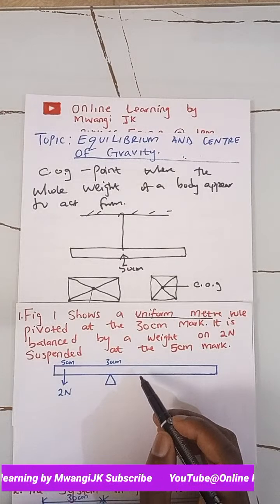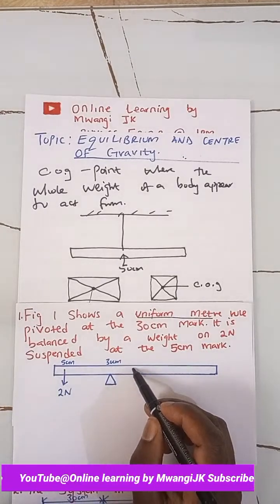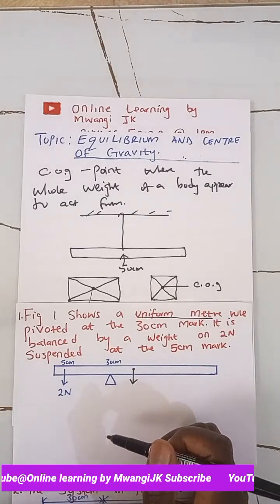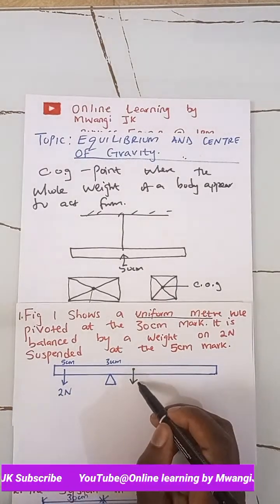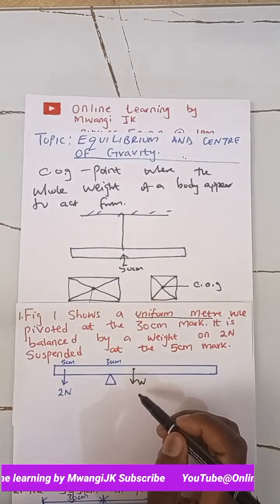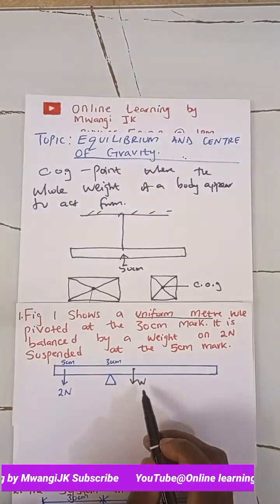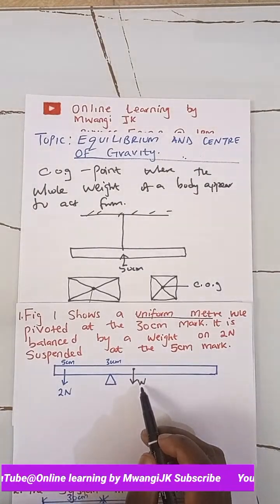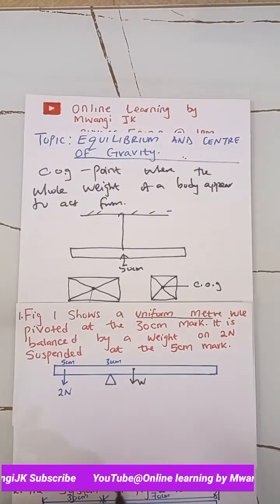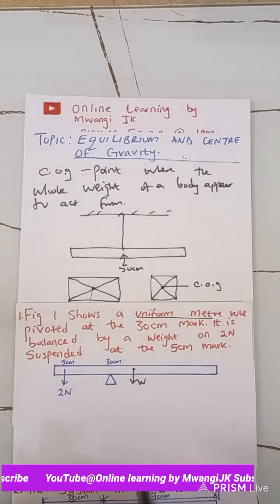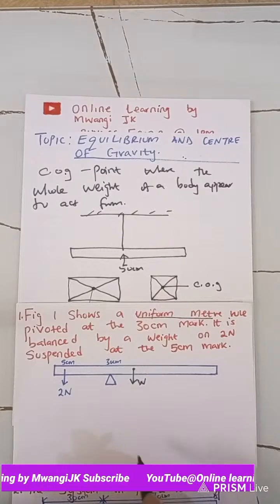So we know at the 50 centimeter mark, that is where the weight of the meter rule acts, and therefore in this case, under equilibrium and center of gravity, we will consider the weight of the rule at that particular mark. And therefore, when we talk about the sum of clockwise moments being equal to the sum of anti-clockwise moments, the weight of the rule is also included.